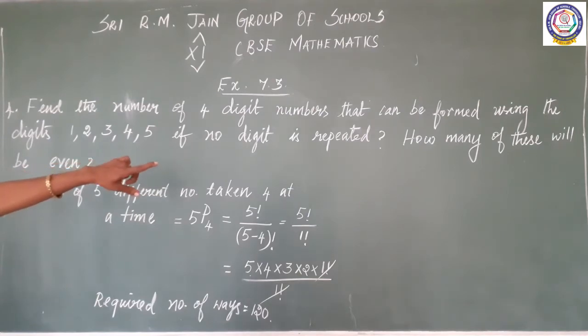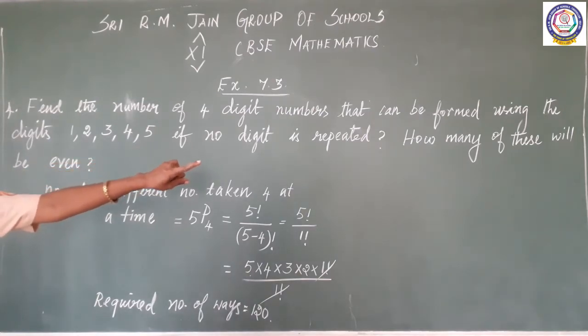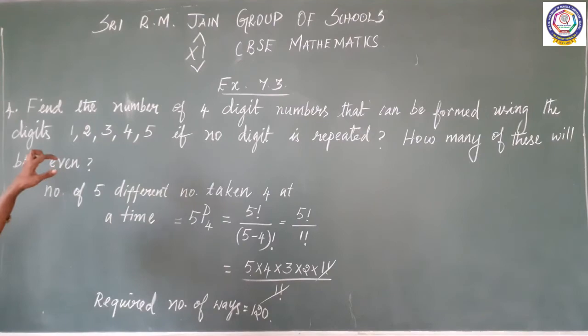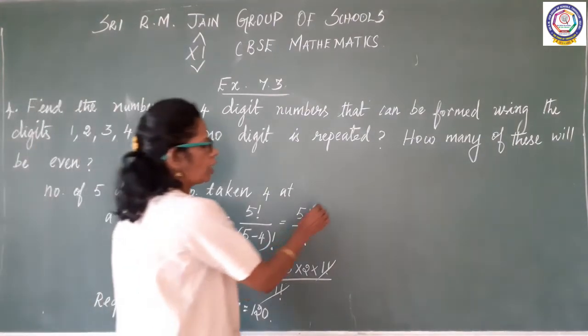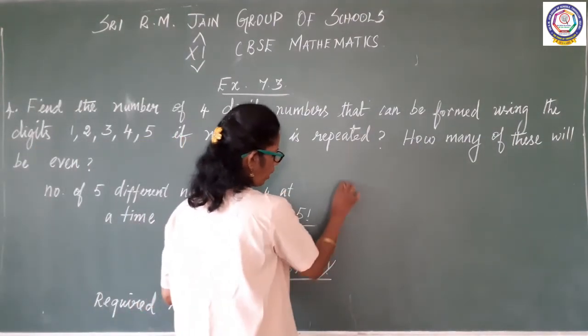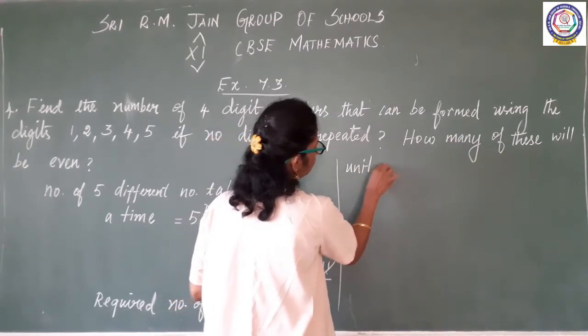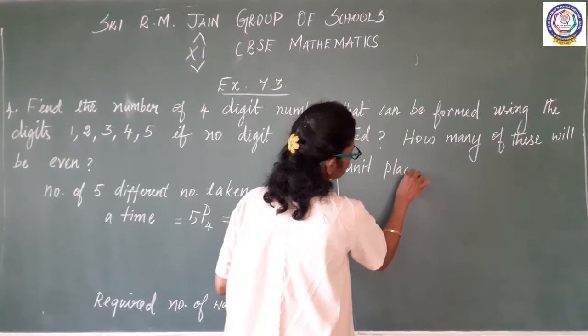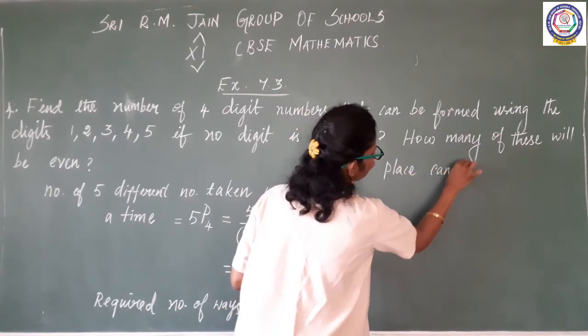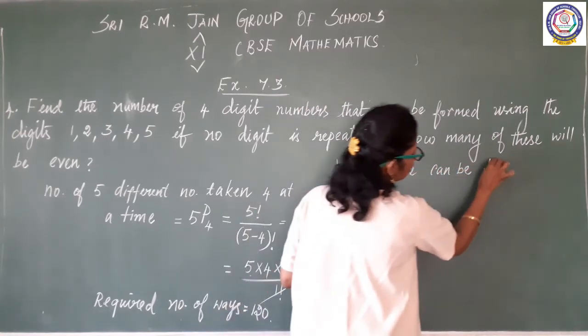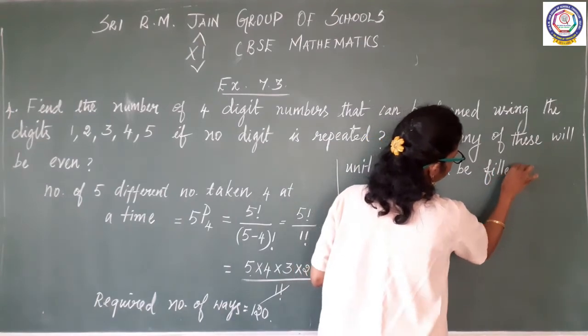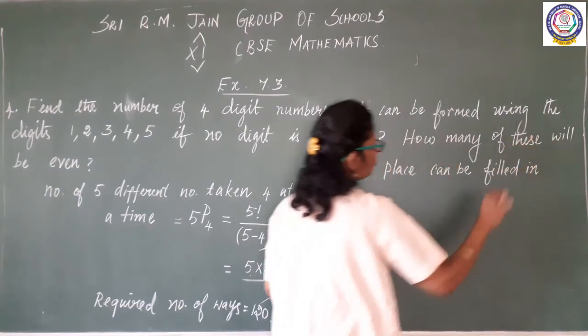Then come to the next part. How many of these will be even? We need an even number, right? So the unit place can be filled in how many ways?